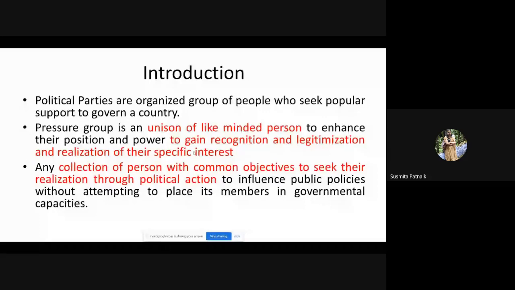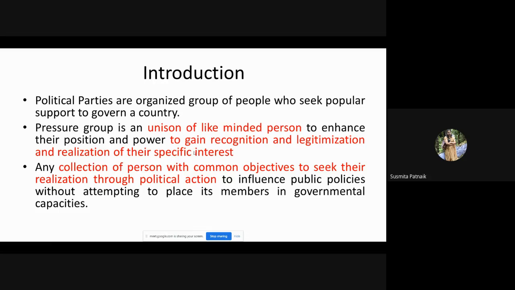And thirdly, a pressure group is any collection of persons with a common objective who seek their realization through political action to influence public policy without attempting to place its members in governmental capacities. What is the meaning of this? The members of pressure groups are not members in government capacity.